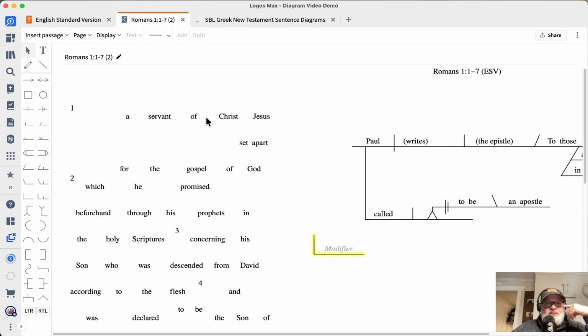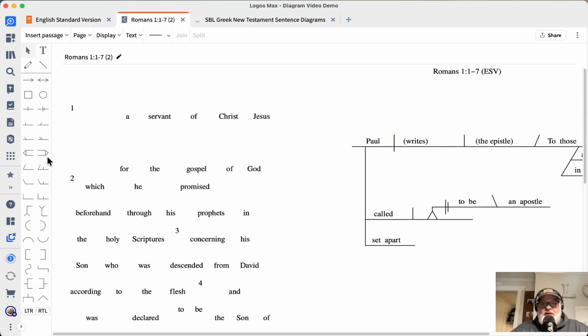And so I'm using this also as a participle. I'm calling this a participle and attaching it to Paul. And notice how these are kind of in parallel here. Paul is called, Paul is set apart.